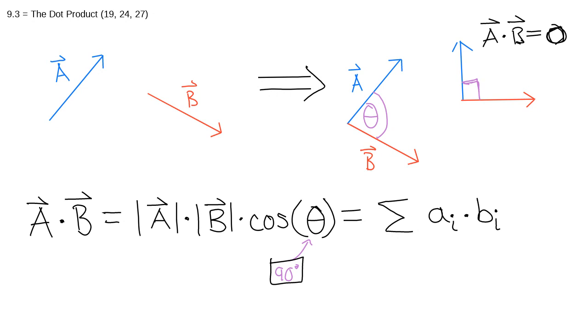Okay, what about this? What if B and A are parallel? What is the angle between parallel vectors? If this is 90, what is this? 180.